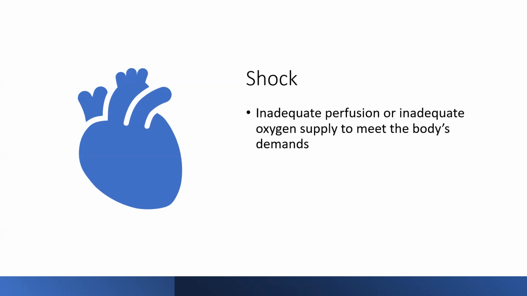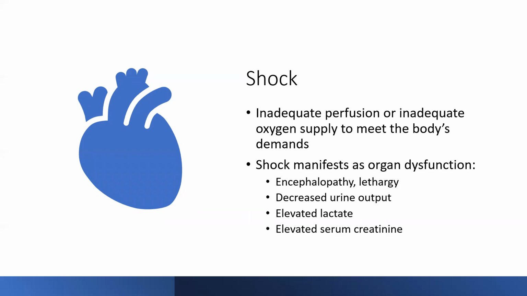If you don't have enough cerebral perfusion, it might manifest as encephalopathy, confusion, lethargy. If you don't have enough renal perfusion, it might manifest as decreased urine output, or maybe an elevated BUN and creatinine. Or maybe on labs, you see an elevated lactate from anaerobic metabolism, from tissue in general not getting enough blood supply, not getting enough oxygen. Great.